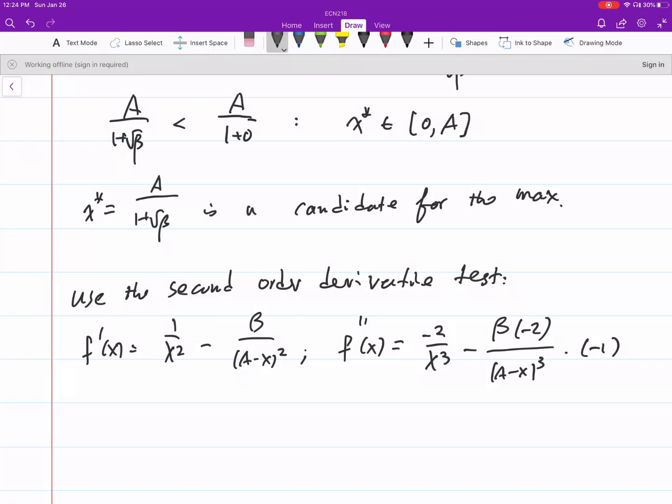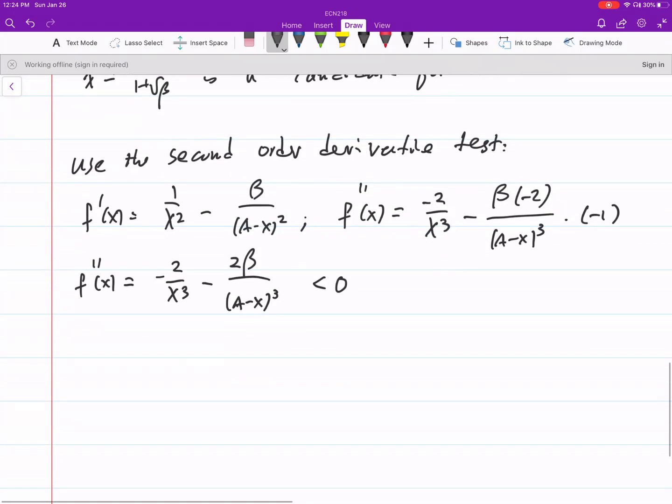So we end up with the double derivative being negative 2 over x cubed, and then minus 2 beta over a minus x cubed. We have that second order derivative. It's less than 0, so x star equal to a over 1 plus root beta is the maximum.